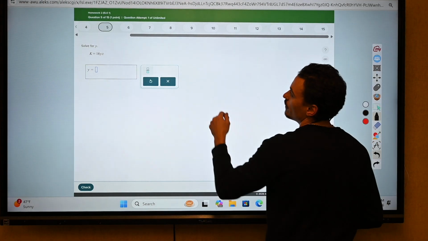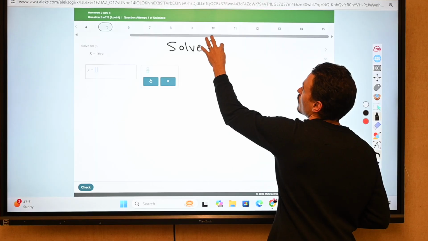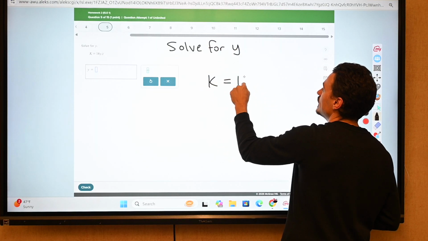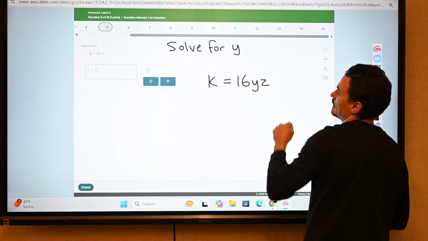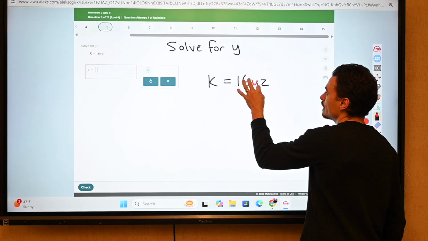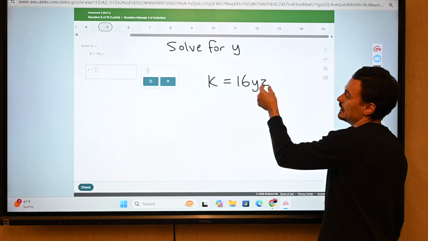All right, number 5, we want to solve for y. We have k equals 16yz. So our desired variable is y. So we want to get rid of the 16 and the z.